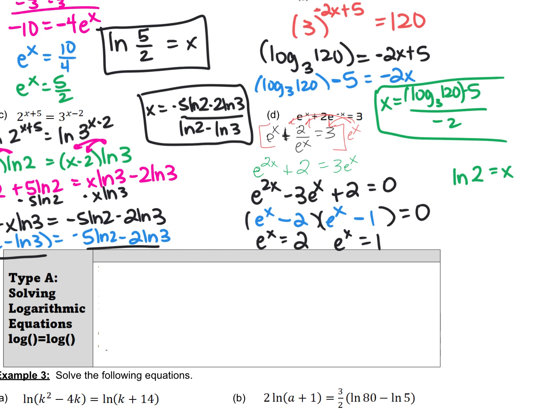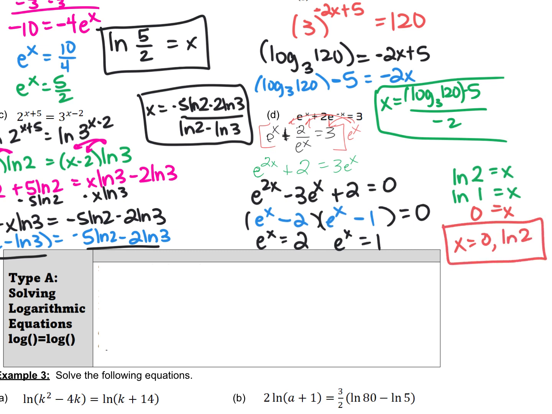The second one, the natural log of 1 would equal x. Now, can I simplify either one of those logarithms? The first one, do I know e to what power gives me 2? No. But that second one, e to what power gives me 1? 0. So my solutions are 0 and ln of 2.